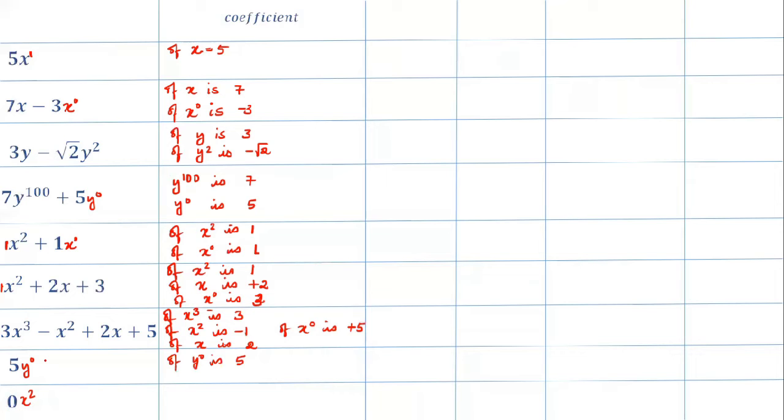So here the power of the variable and the variable we can write is not fixed. But in constant number 5 we can write any variable with power 0. Here in 0 we can change the variable and we can change the power also.